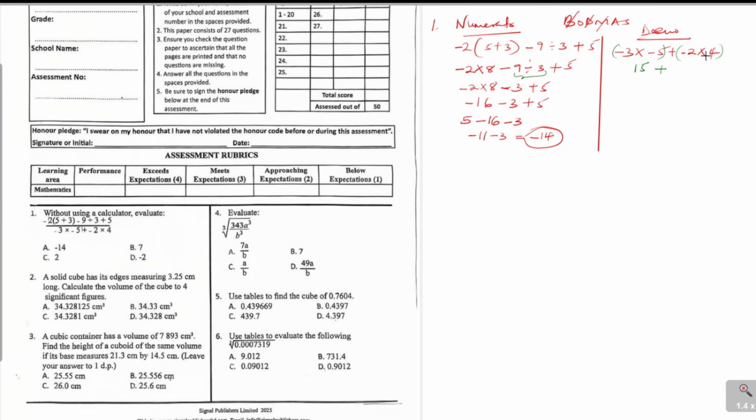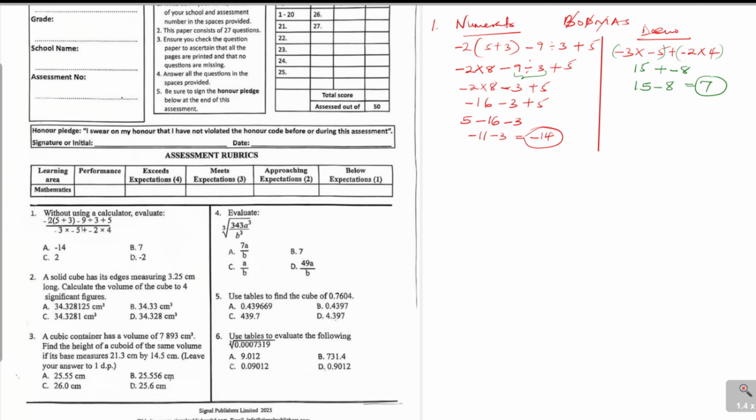A negative times a positive will give negative. So you get -8. So -2 multiplied by 4 is -8. So this is 15 subtract 8, and that will give 7.